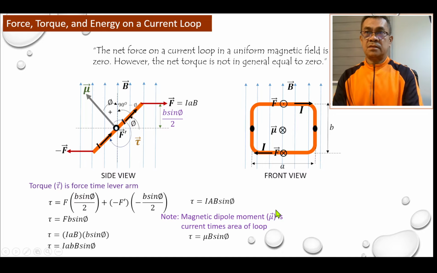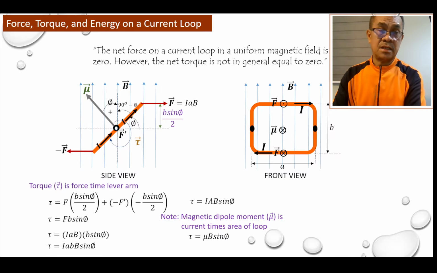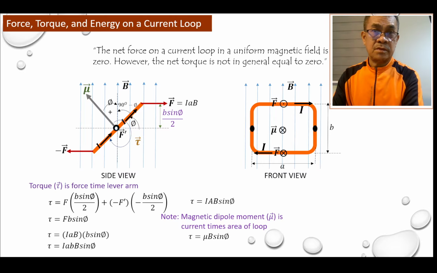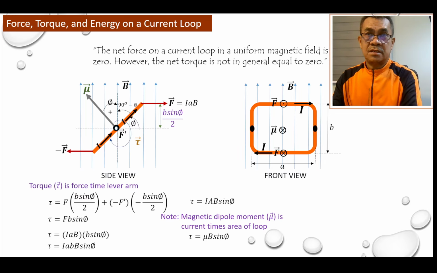Okay. Now, this is actually the same with electricity, the electric dipole. Remember that in a dipole system, we have torque, and the torque is what? The cross product of the electric dipole and the electric field. In this case, this one is the magnetic dipole moment, and we have this magnetic field. And take note, sine means cross product.